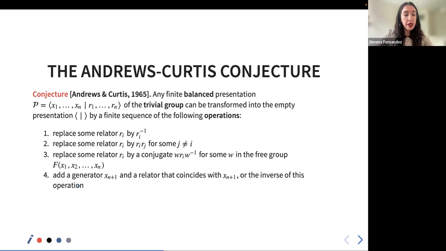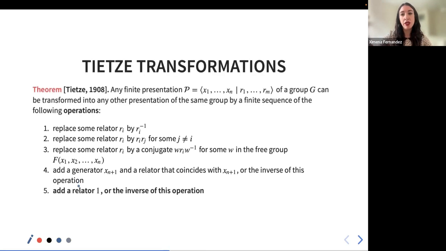Great. So this statement might remind you of this theorem due to Tietze. It's very similar, but with a crucial difference. If you have a finite presentation of any group, with any number of generators and relators, then this presentation can always be transformed into any other presentation of the same group.